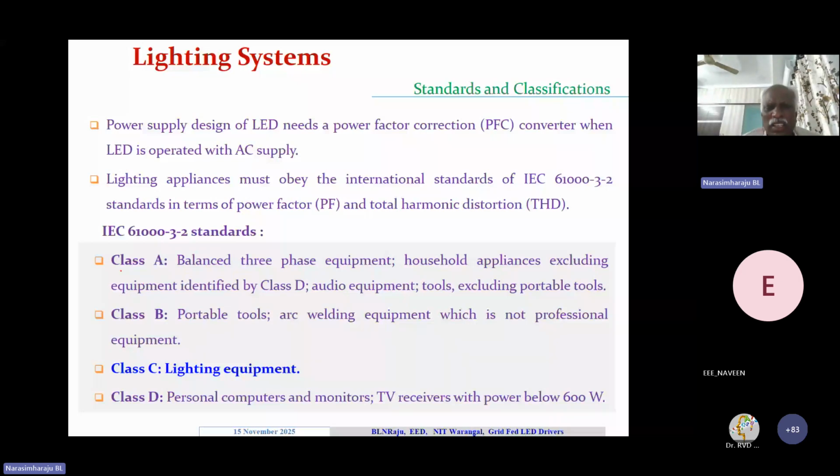Some unprofessional equipment, like welding equipment or lathes, comes under the class B IEC standards, which we are supposed to comply with. And for our lighting systems especially, the IEC class C standard needs to be followed or complied with for lighting equipment design.